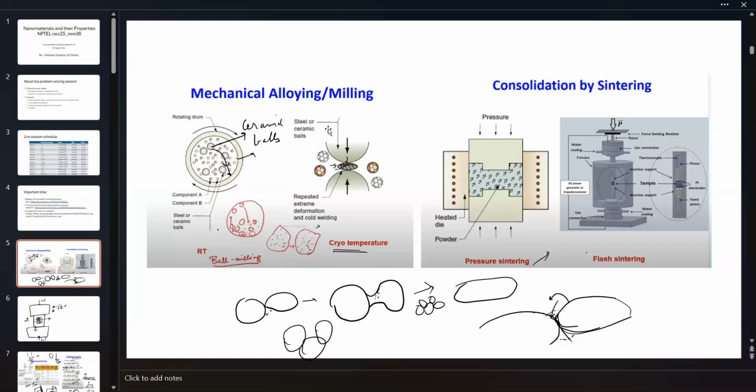Here they've shown two ceramic balls colliding with each other. There are lots of ceramic balls inside this drum. Some will be at the bottom, and the top ones will collide with them. That's where you'll get the plastic deformation between them.